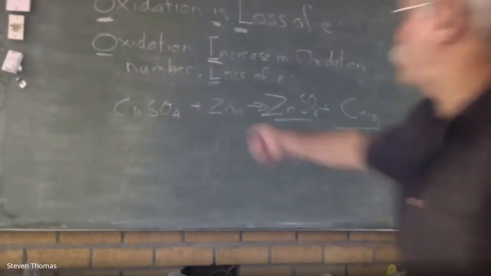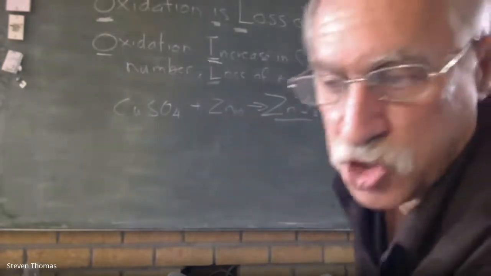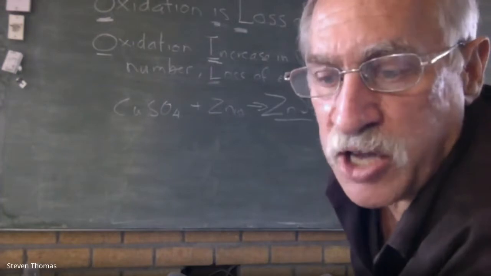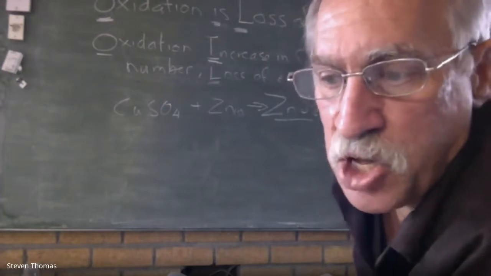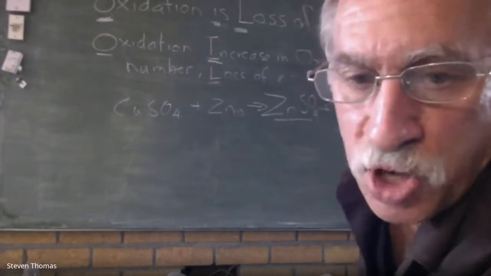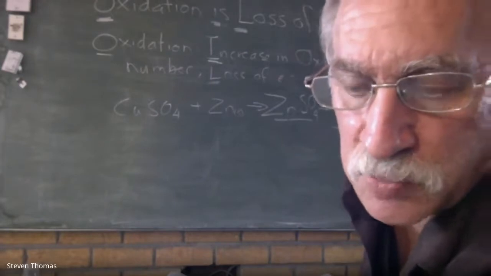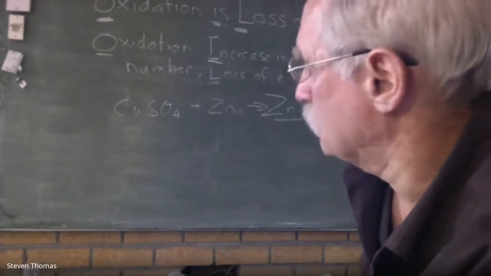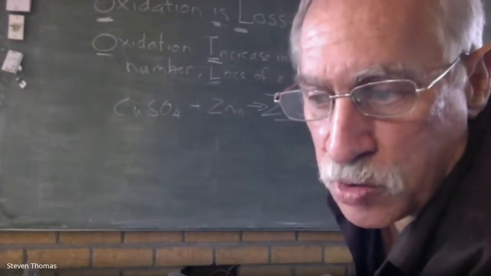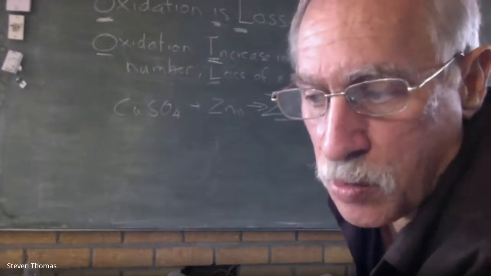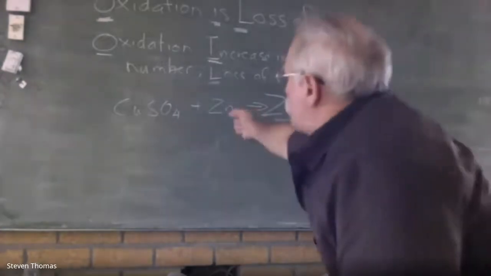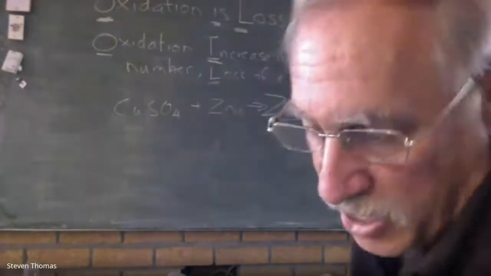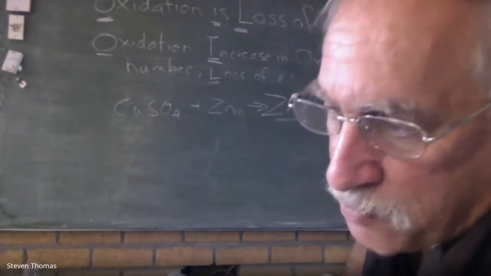Okay, so you're going to see your zinc. Do you guys know what zinc looks like? It looks like a roof. It's like a shiny metal. You chuck that into, who knows what color copper sulfate is? It's a blue solution. So you chuck this shiny metal into a blue solution. And anyone know what color your water pipes are?